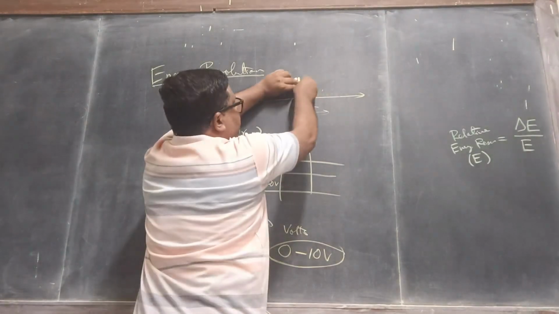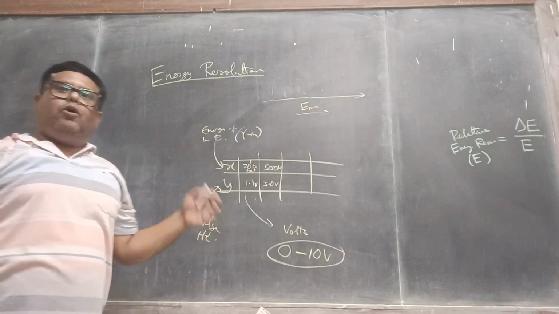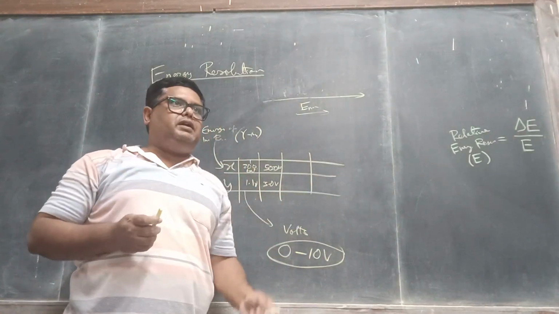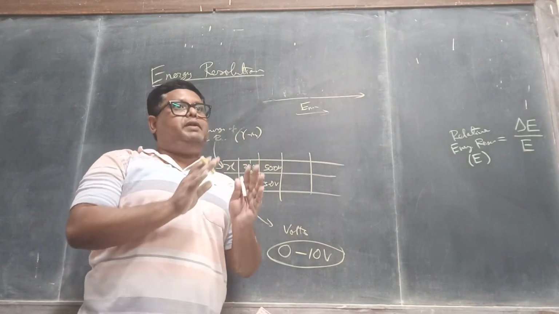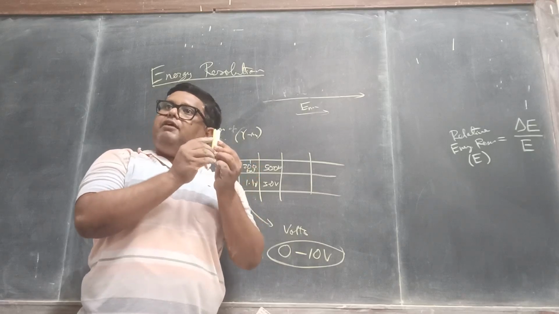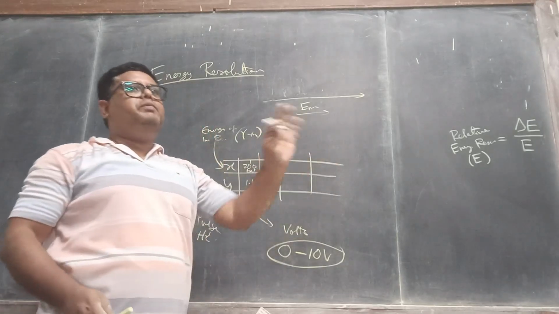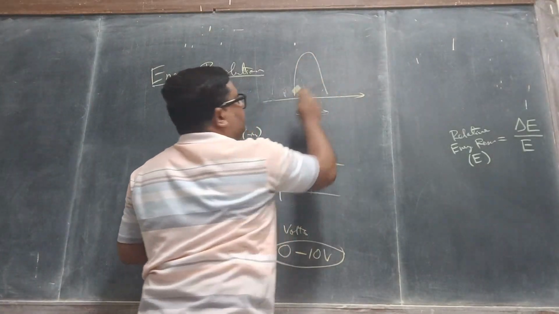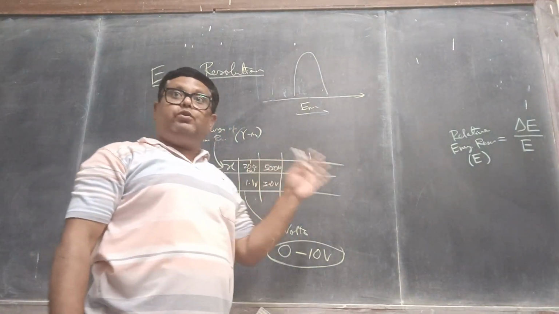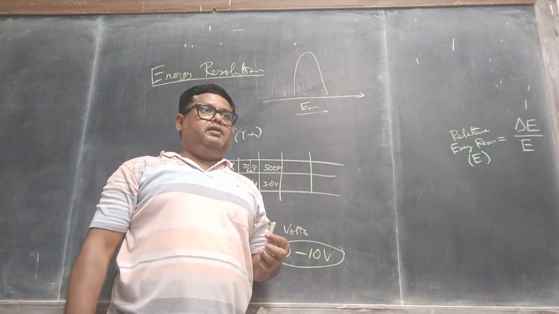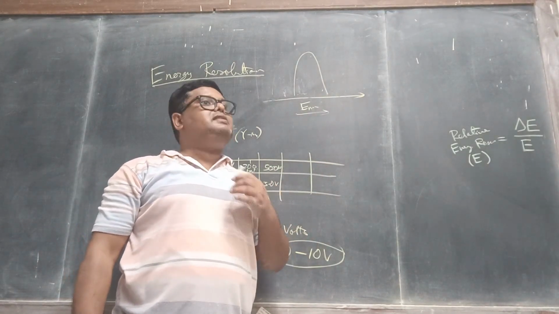So the question is, will the detector always be able to identify two peaks separately, or will there come a time when the two signals are so close that the detector will be unable to tell, and as a result we will get a single signal? Will such a time come? The answer is yes.